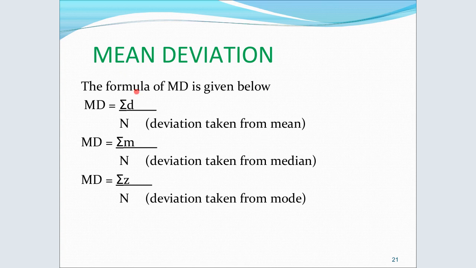So we're talking about the mean deviations. This D, the D we have here, is our value of X. Let us assume we have data like 1, 2, 3, 4, and 5.